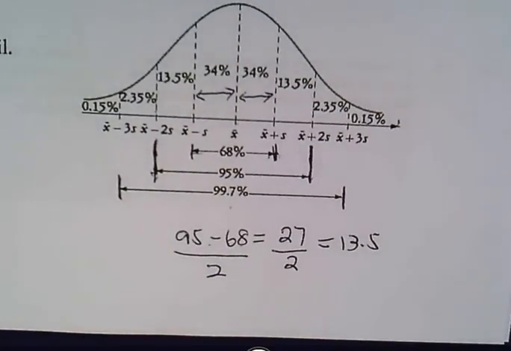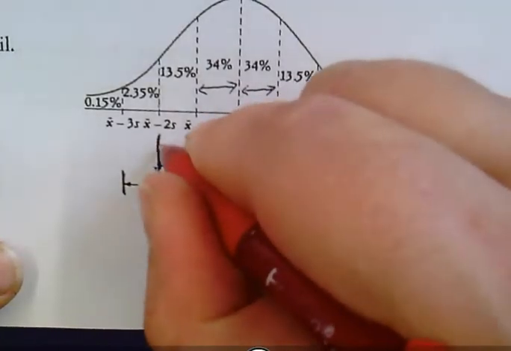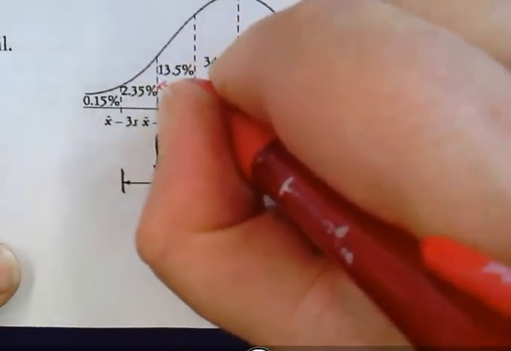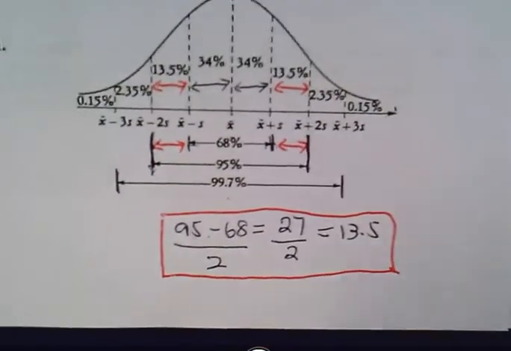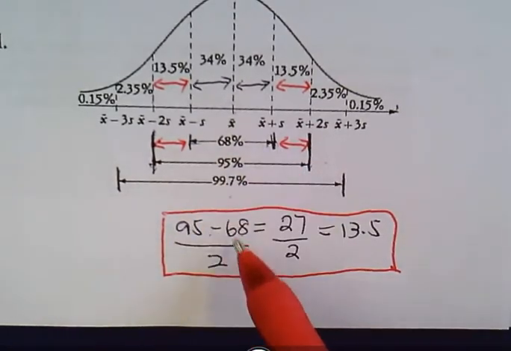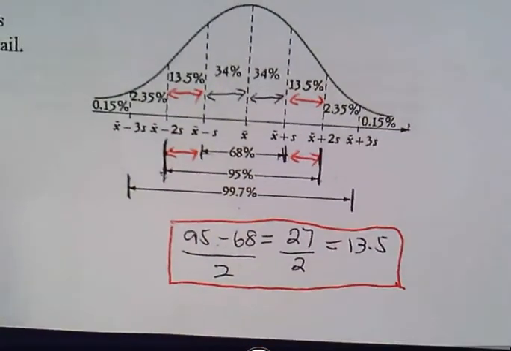All right, just let me get some colour. This bit in red, that's just helped me work out this bit here and this bit there, or that bit there and that bit there. They're the red bits. Because all of that's 95, this bit in the middle is 68. If I go 95 minus 68 and divide it in 2, I will get each of those sections.